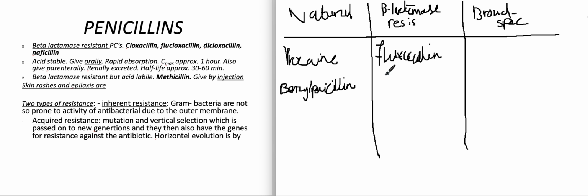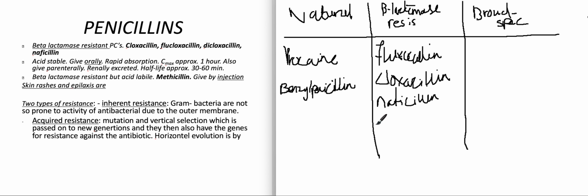You also have methicillin, which is acid labile, which means it can be broken down by the acid in the gut, so it's usually given by injection. So you've got flucloxacillin, cloxacillin, nafcillin, and now the main one is methicillin.